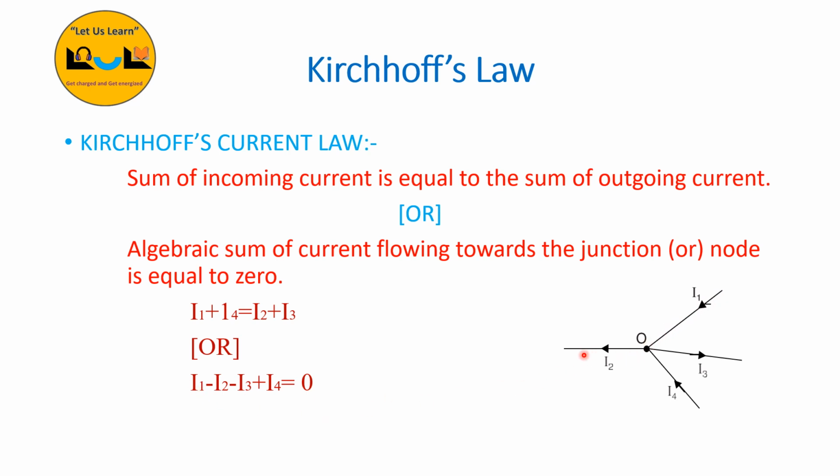I2 is outgoing, so minus I2, and I3 is also outgoing, so minus I3. I4 is incoming, so plus I4. Finally, the equation is I1 minus I2 minus I3 plus I4 is equal to 0. This is the statement for Kirchhoff's current law. The point O is called a junction or a node.